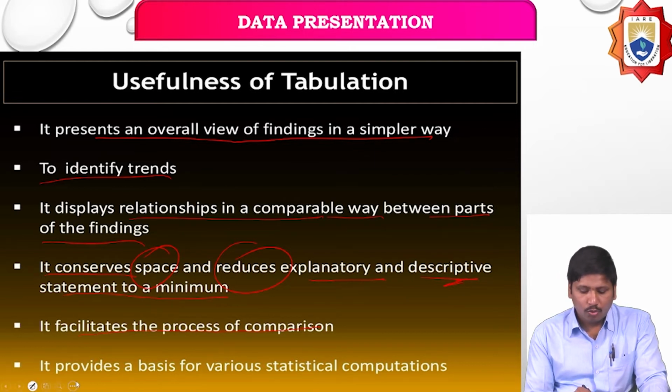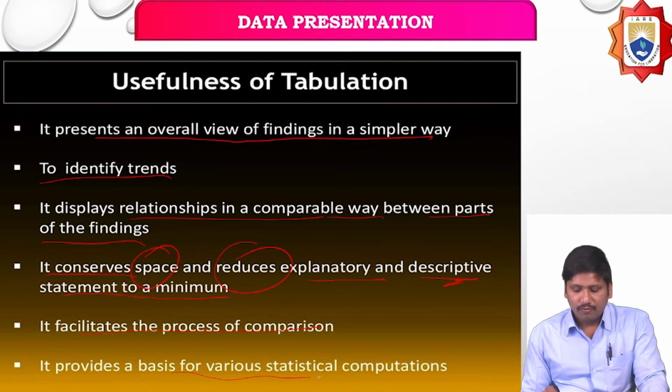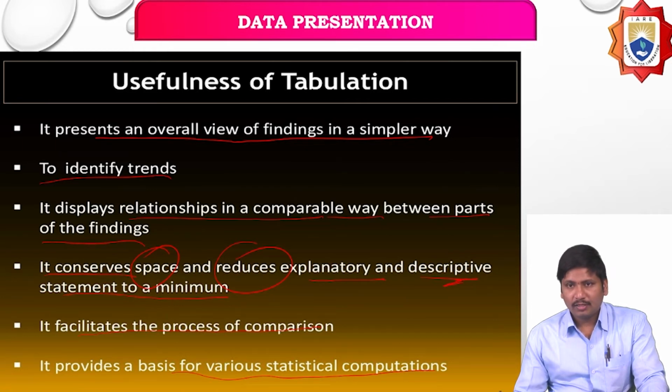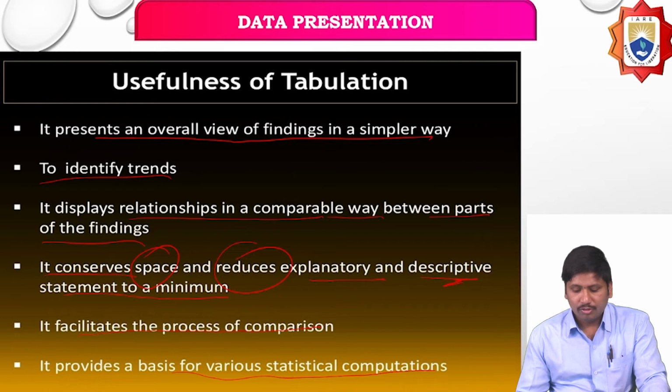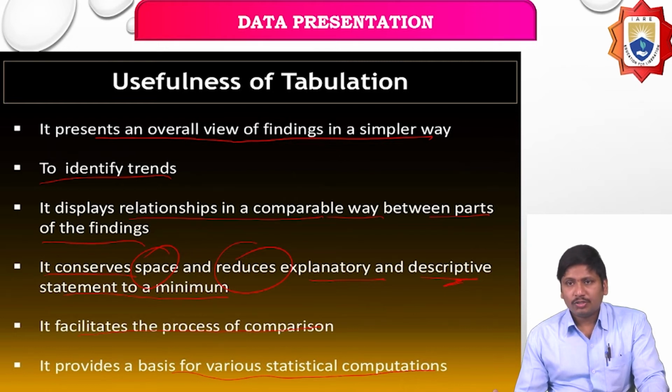And then you can also provide the basis for various statistical computations. Suppose I want to make some calculations like total, average, and find the biggest value among the tables, the smallest one, like that, simple classifications and computations can be done very easily by making use of this tabulation. These are some of the advantages.